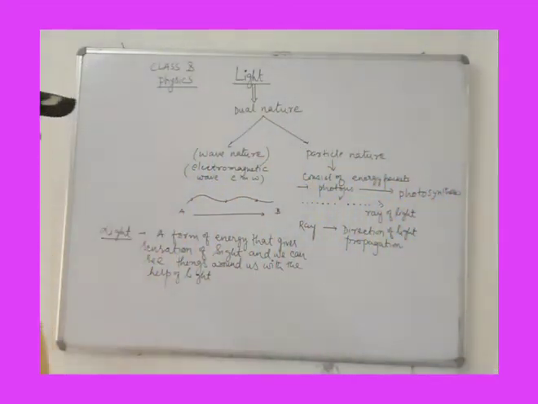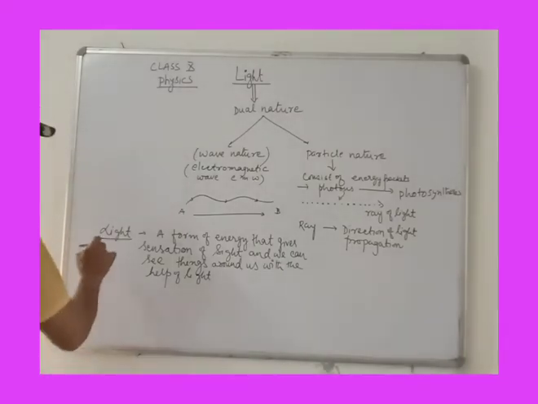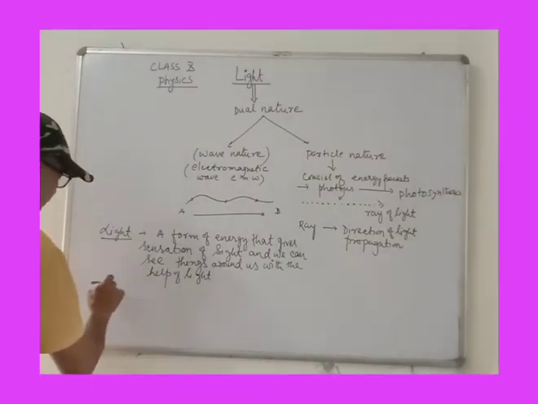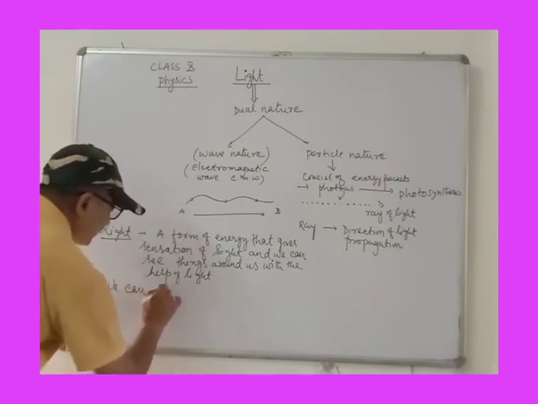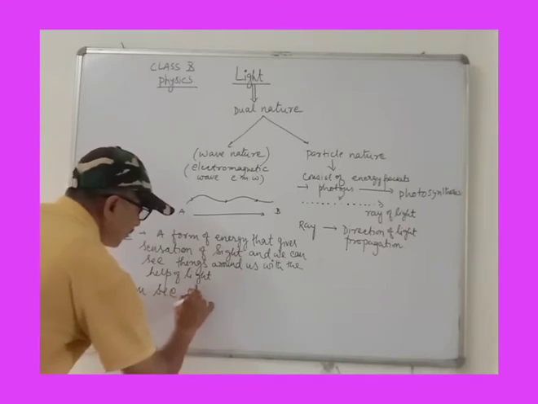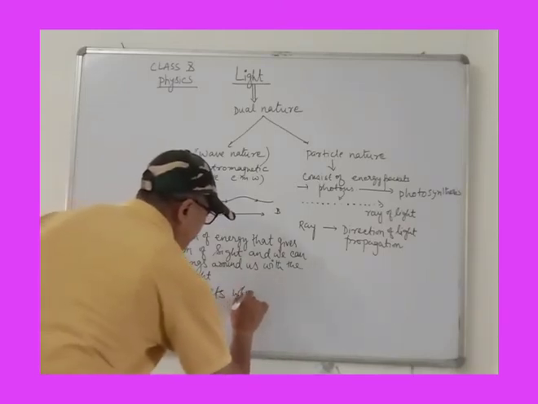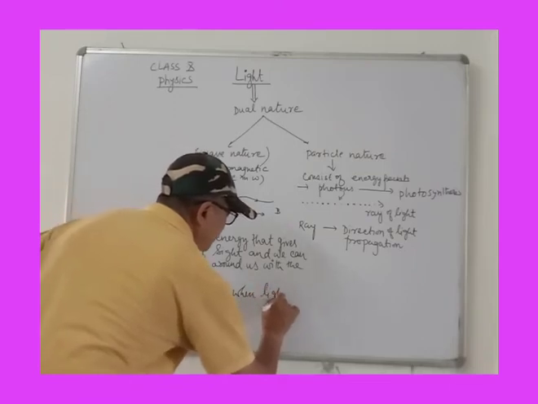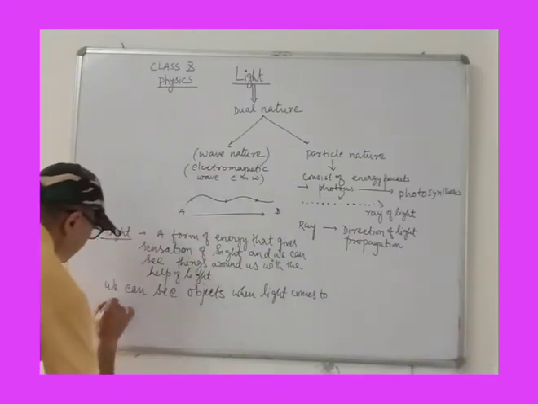So light is a form of energy. Okay, so we can see objects when light comes to our eyes.